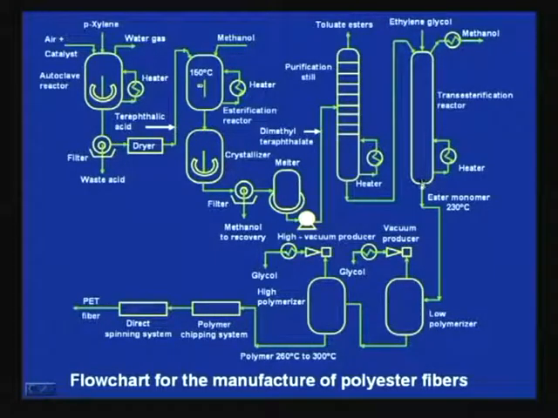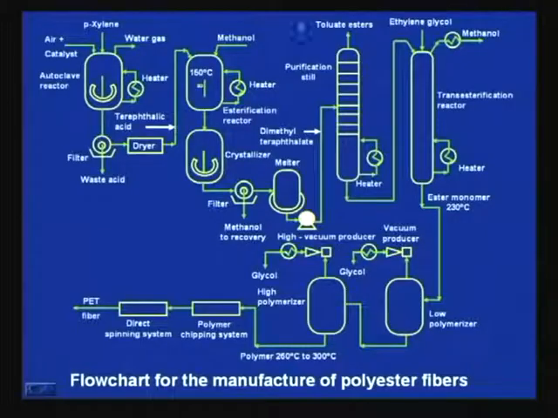then polyester is synthesized. Now, if you look into the flow diagram given in the polymer chemistry book by George Odian, you will find that there are these polyesterification reactors, not only one reactor, there may be 3 or 4 reactors where the reactors are maintained at different temperatures.